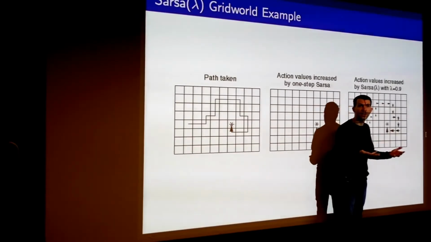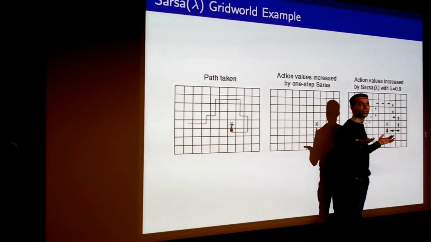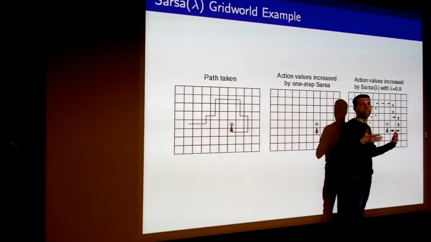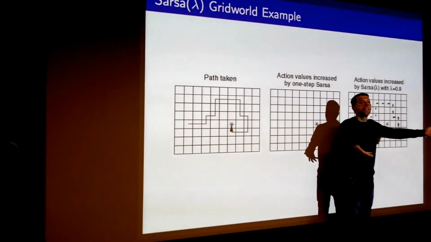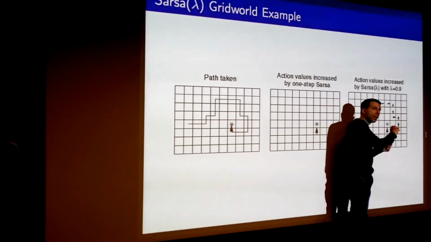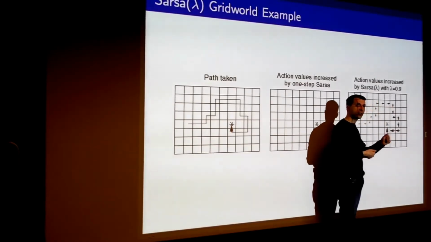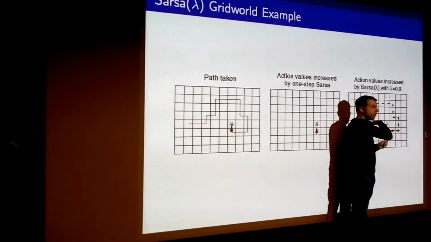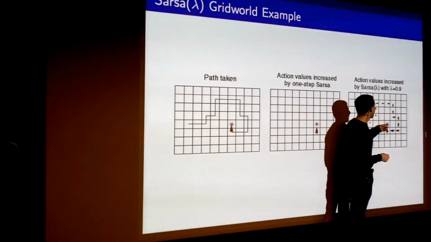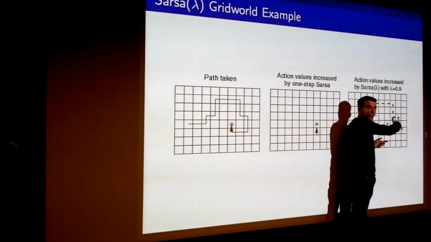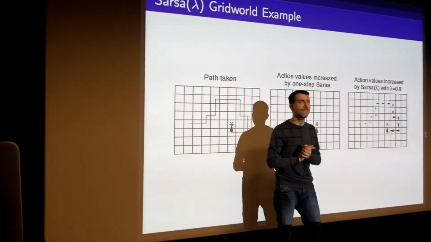That's what happens in Monte Carlo, because you run your trajectory, you see that you get some eventual reward, and everyone gets updated in the direction of that reward, because everyone says, hey, I took this action, I ended up getting something good, I should be updated. So by tuning your lambda, you determine how far back along this trajectory you look. It controls your bias variance trade-off. The further back you look, the more variance you have, because there are all these random things which happen along this trajectory. But you reduce your bias. You're less susceptible to the effects of bootstrapping.